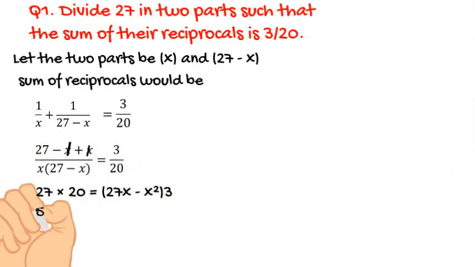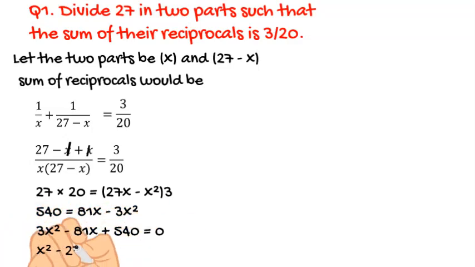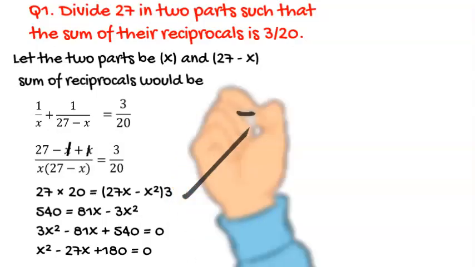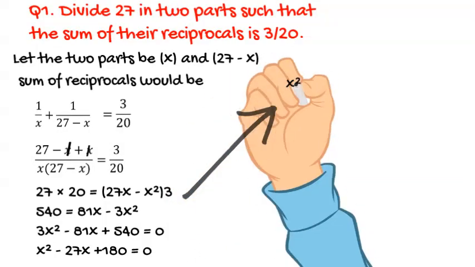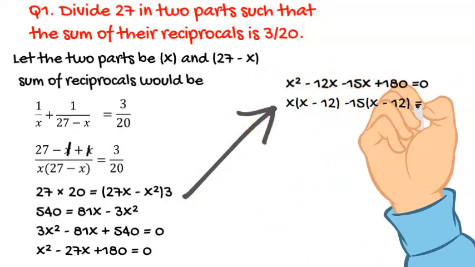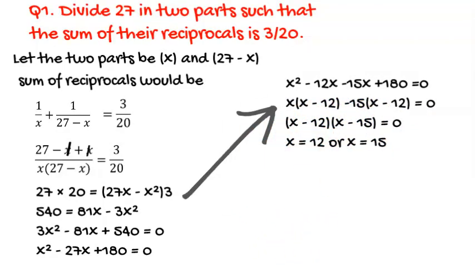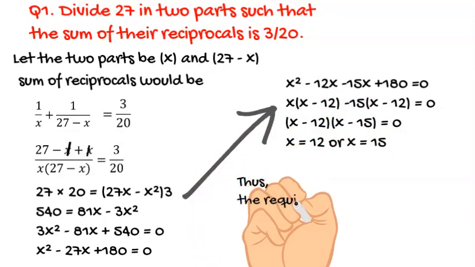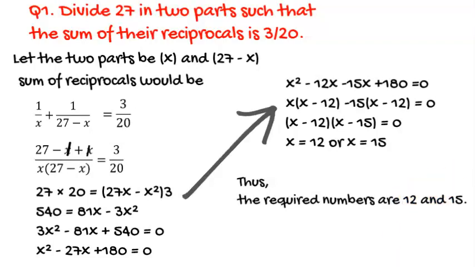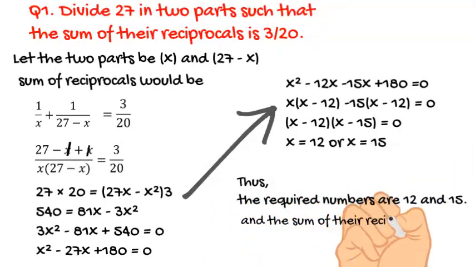Solving this further, we will get a quadratic equation x squared minus 27x plus 180 is equal to 0. This can be further solved and hence we get x is equal to 12 or x is equal to 15. Thus, the required numbers are 12 and 15 and the sum of their reciprocals is 3 by 20.